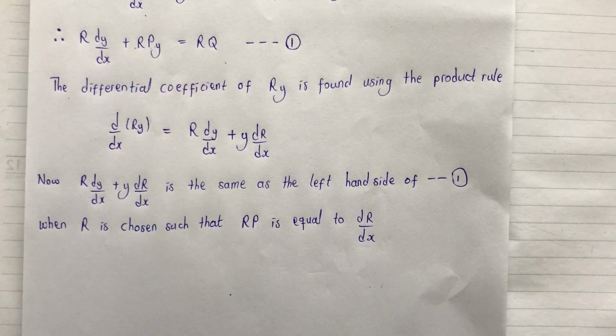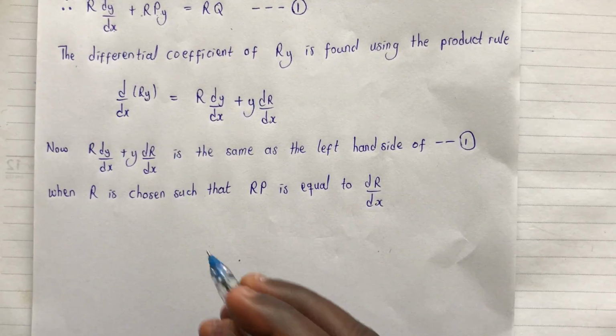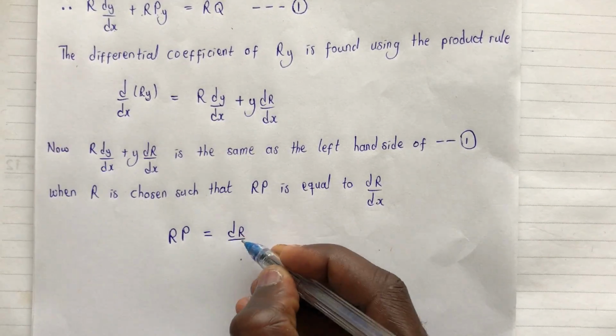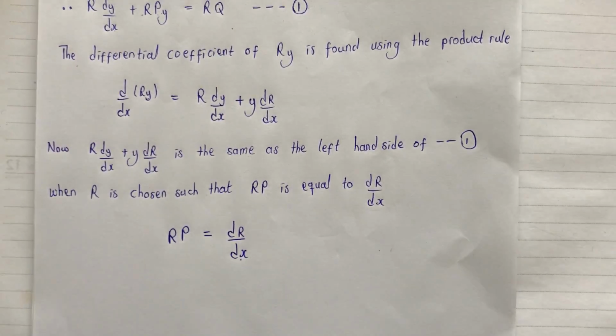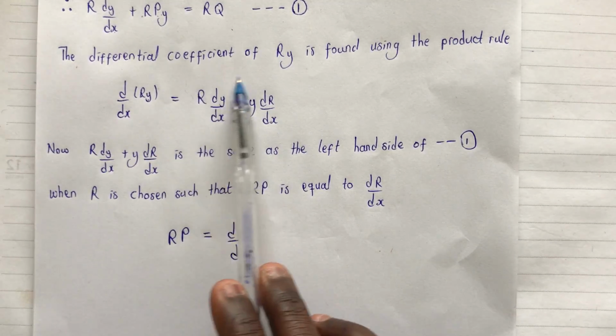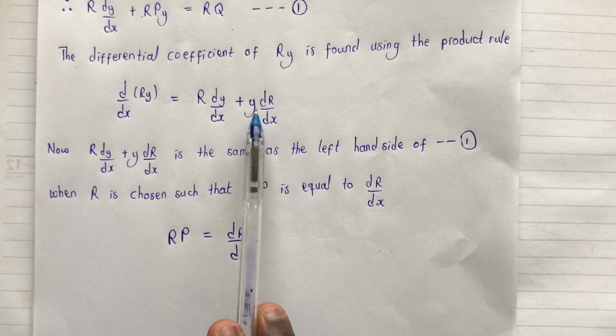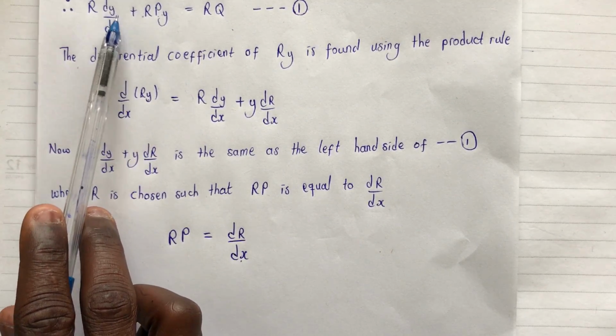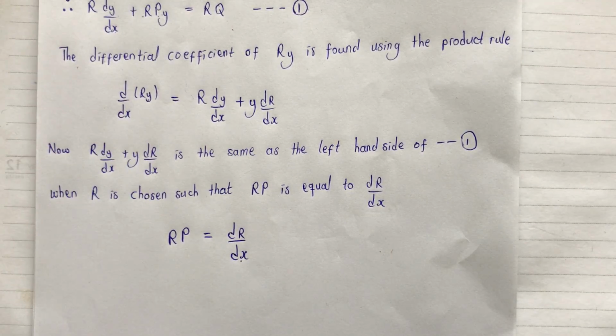So now that you have gotten the concept, if we say that Rp equals dr dx, then we need not worry, because whatever function we have here, the differential coefficient function, will be equal to the left hand side of the equation, and we are not interested in that.